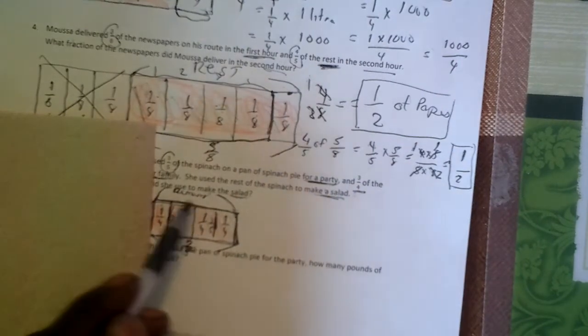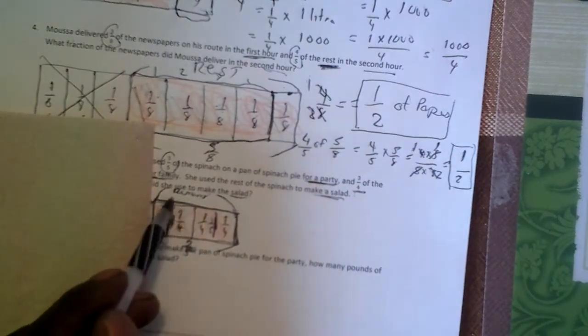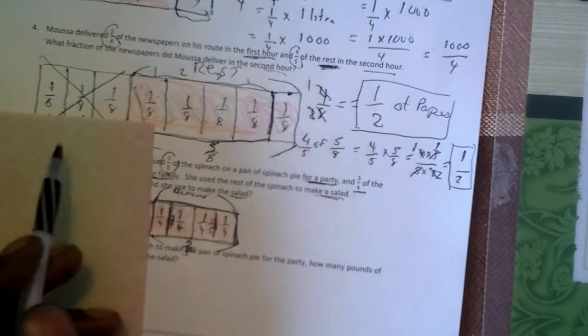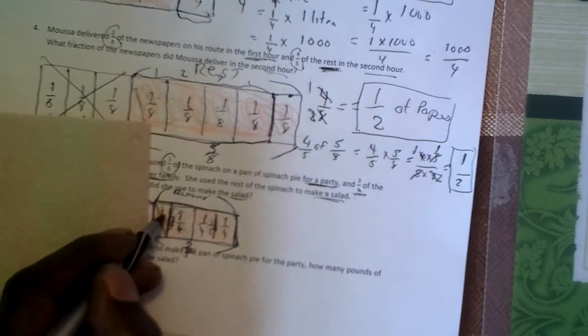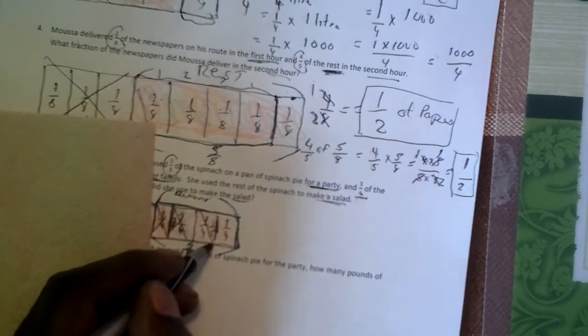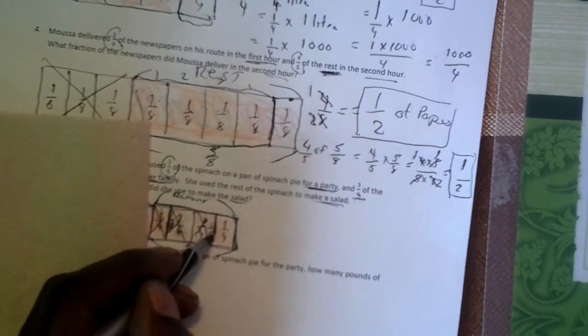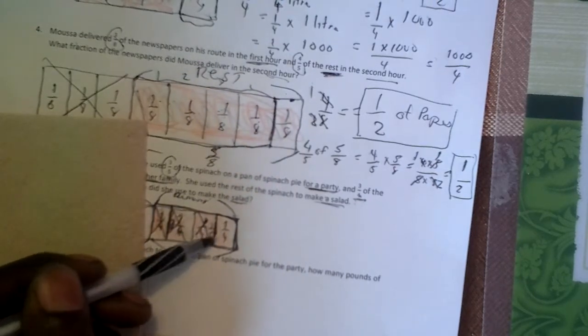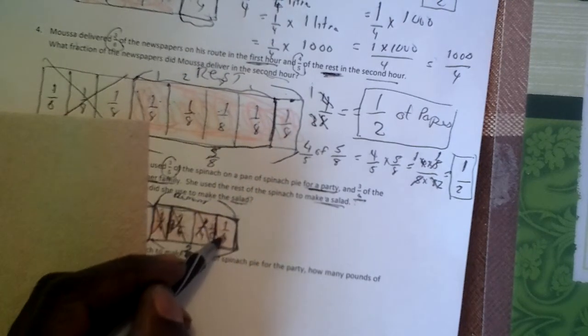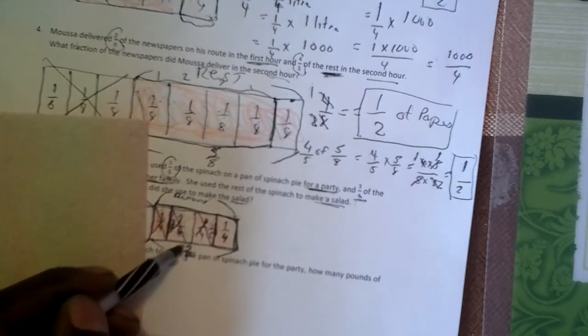And this part is the remaining, and she used how much? 3/4, right? So she used this much, and this much. So this little piece is how much she used to make the salad, which is 1/4 of what?